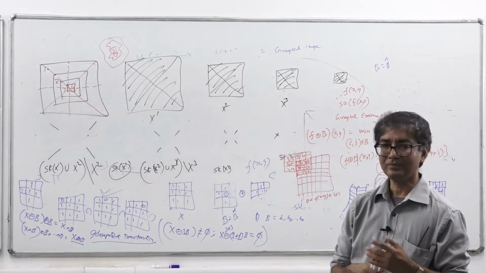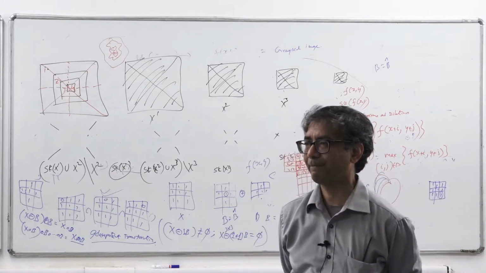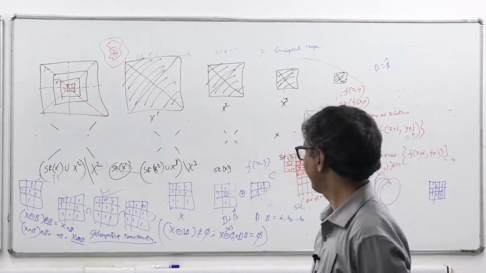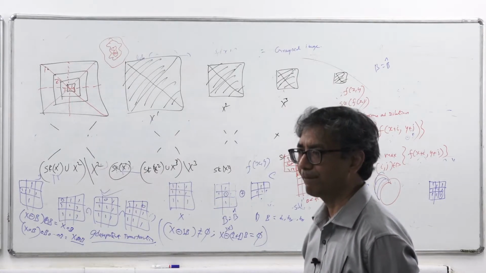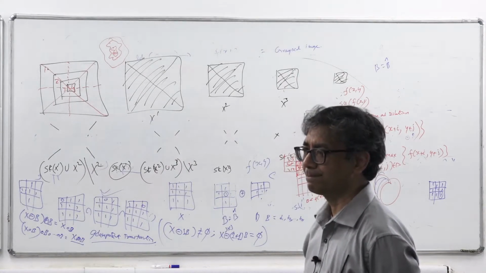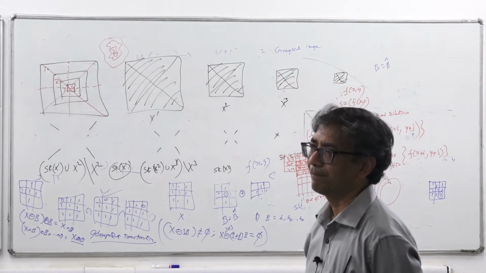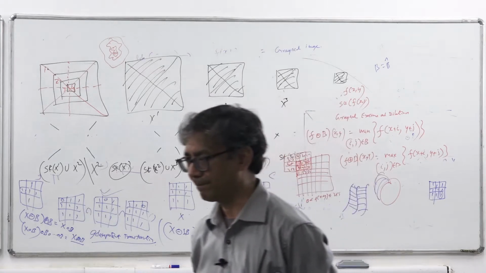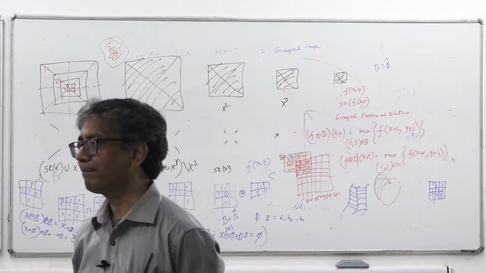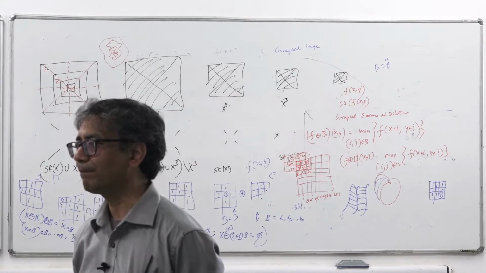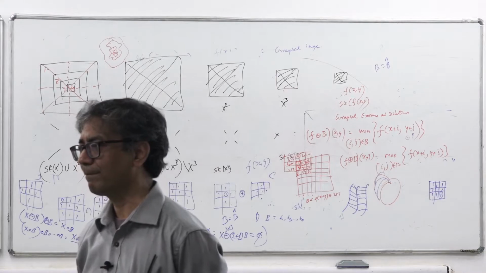Sir, in the first part, my question is, suppose I am here, there is one pixel and this is another pixel, and I want to find out whether this pixel is at higher or lower elevation. We can do this transformation.